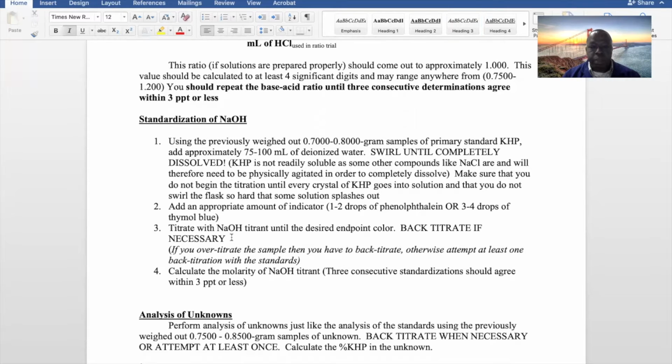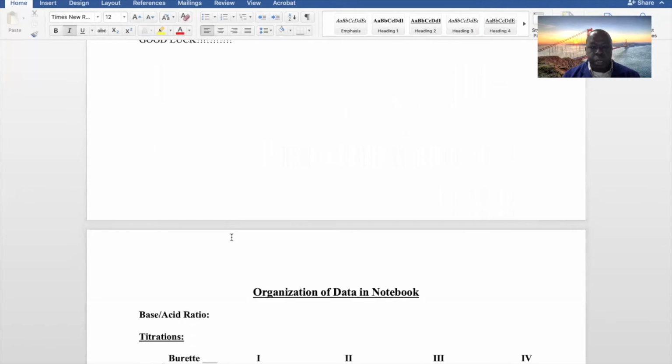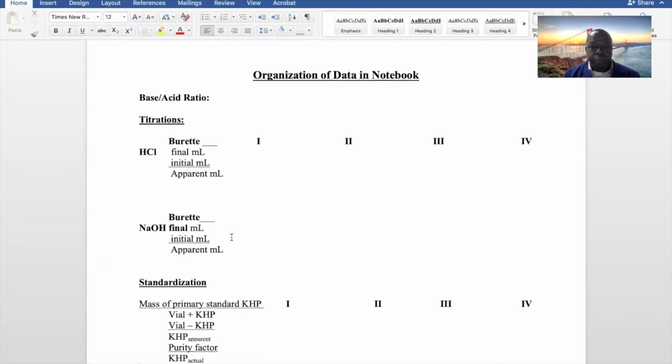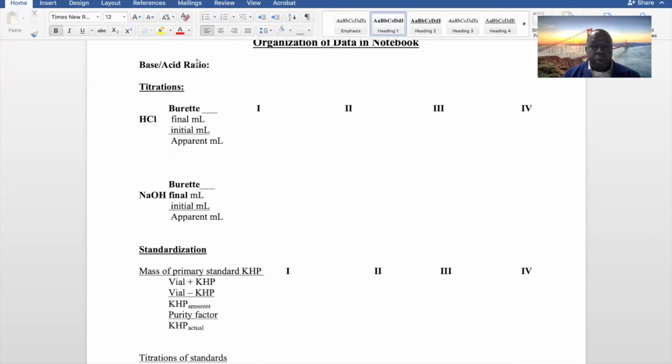Let's see, for example, trial 1. In trial 1, you are supposed to have buret A, let me just call this buret A, with NaOH, which we don't know the concentration of.